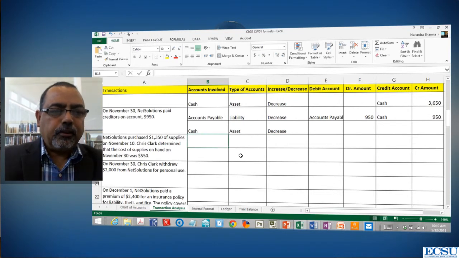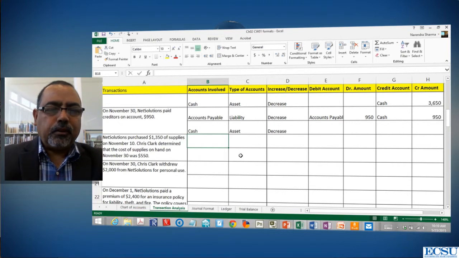Next is Net Solutions. Purchased 1,300 supplies on November 10. Chris Clark determined that the cost of the supplies on hand on November 30 was 550. So that means what you need to understand is I have used some of the supplies.